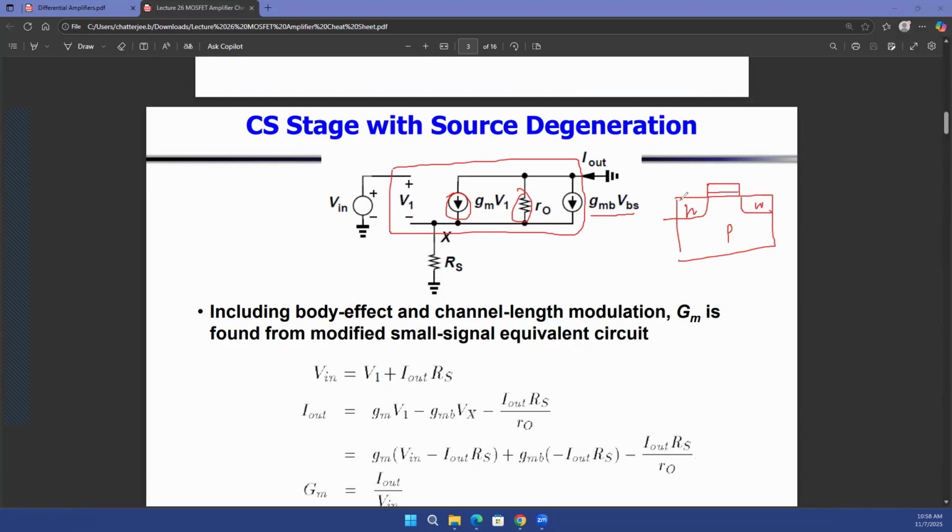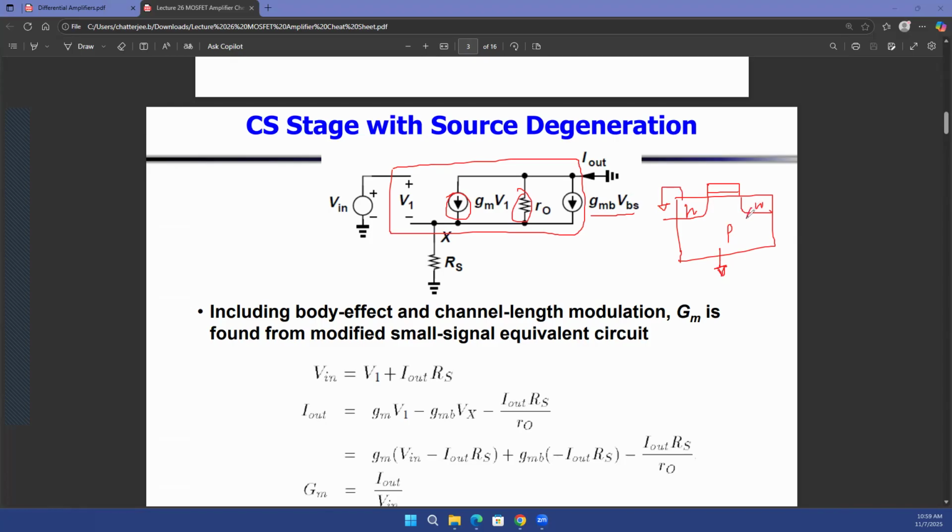Now, what we said is that generally we connect your source to the ground, which is the lowermost potential of the circuit, which is not true anymore because your source has an RS resistance when you have source degeneration. So if you have source degeneration, your source is actually not connected to ground. However, your body needs to be connected to ground, because if you don't, these PN junction diodes can become forward biased. So you have to connect your body, the P-type semiconductor, to ground.